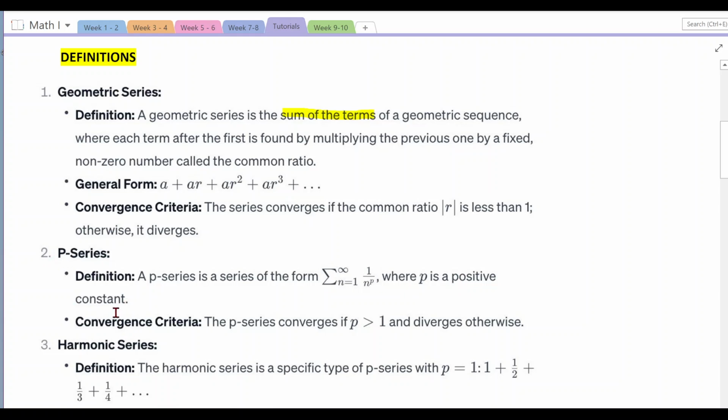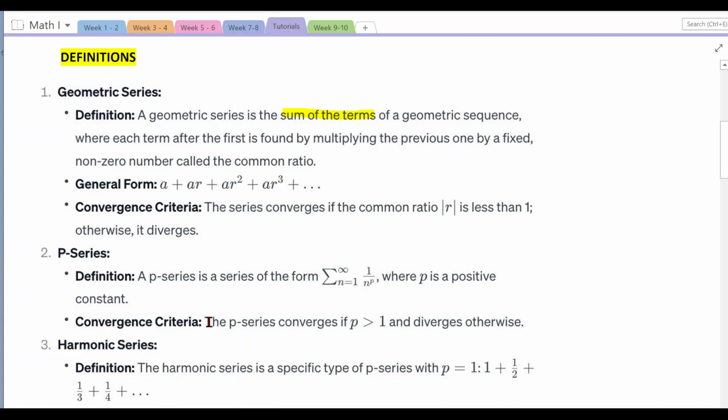So the p series converges if the p value is greater than 1, and it will diverge if it is equal to 1 or less than 1. If it is exactly 1 or less than 1, then it will diverge. Otherwise, if it is greater than 1, the series will converge.